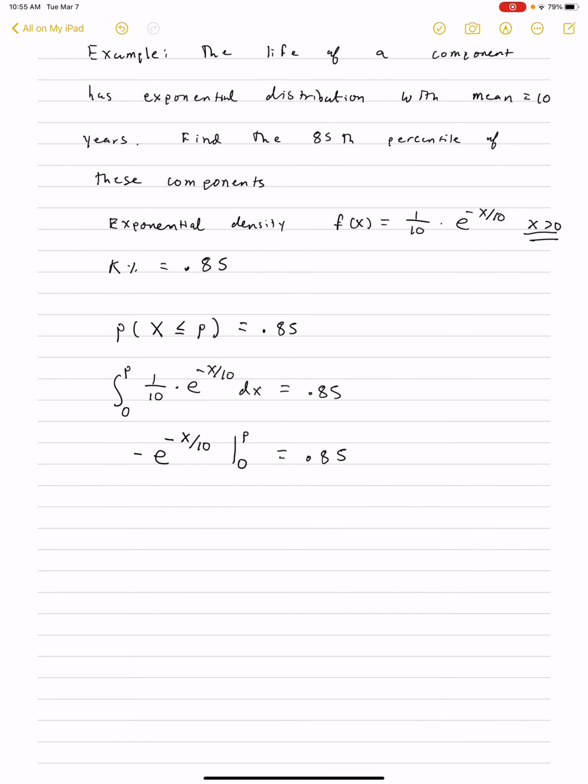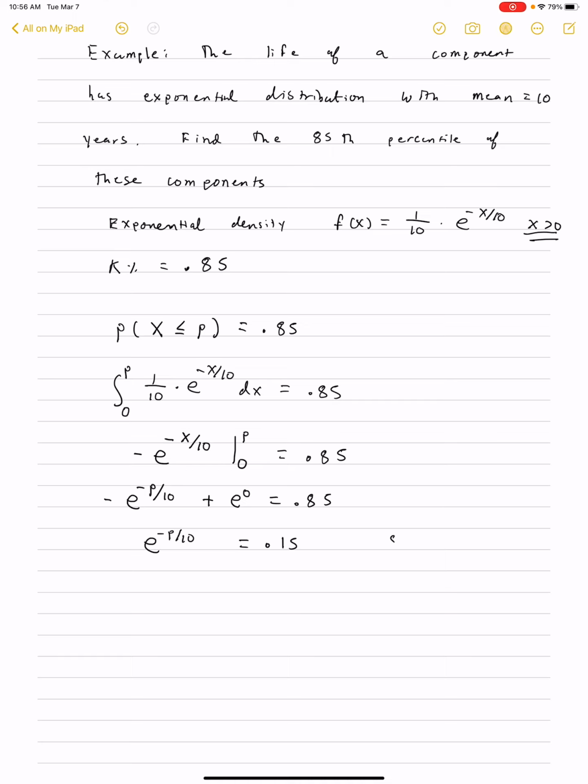Okay, so now we need to solve for this. We plug in the evaluation points, that's p, and also 0. Okay, so this will be e to the minus p over 10 is equal to 0.15.